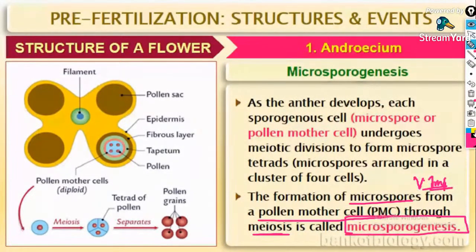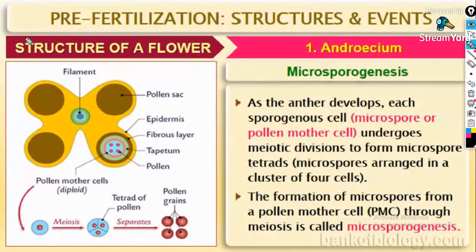I'll explain it very clearly. Look at the diagram, guys. This is the typical anther. The typical anther is a bilobed structure, and it consists of four main parts: the epidermis, endothecium, middle layers, and tapetum. Inner to the tapetum you have the sporogenous tissue, which produces sporogenous cells.